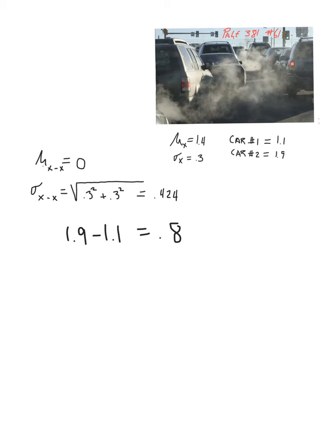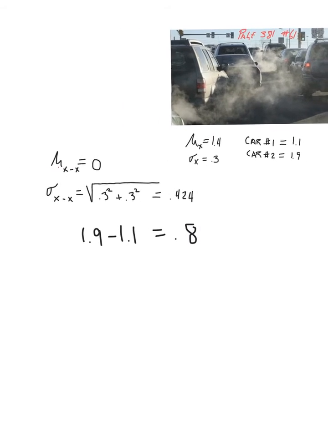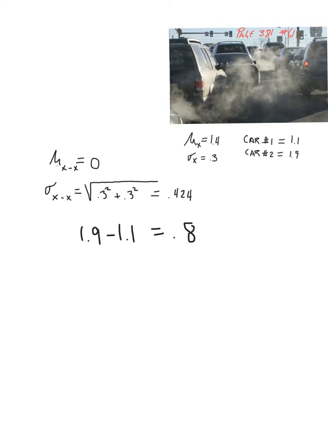Okay, so the difference between the two cars, if we look at them in this way, the second car minus the first car gives us 0.8. So what are we going to do? Well, z-score.